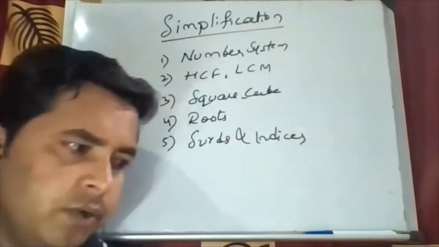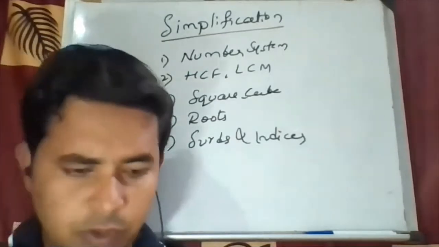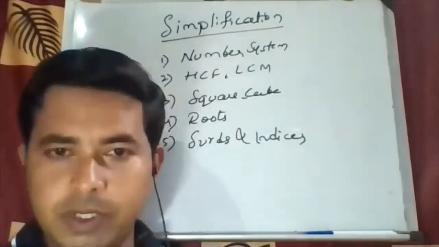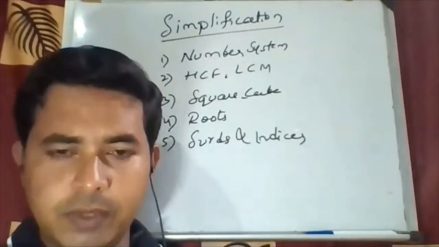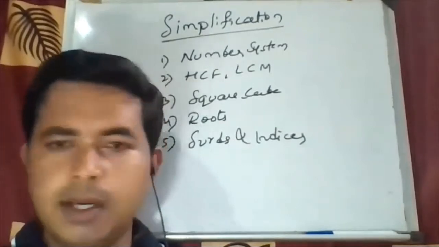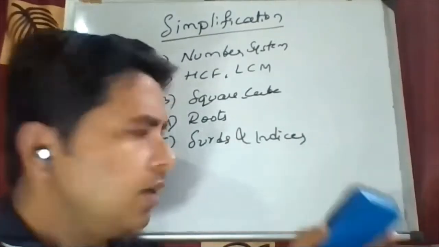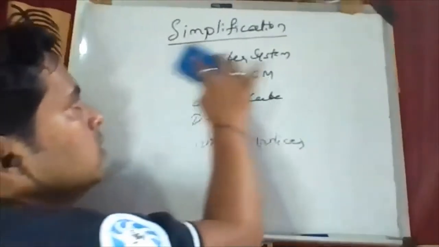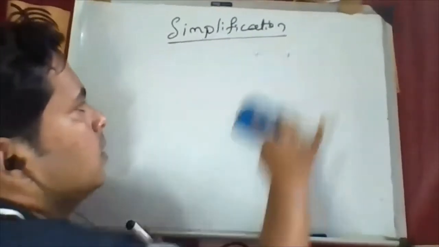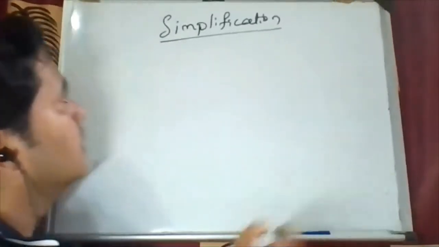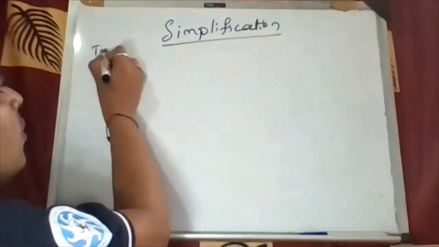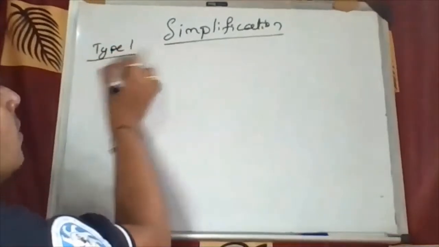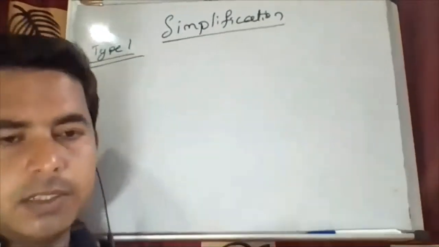So what I'll do is try to solve a few different types today, which are commonly asked under the simplification title. Okay, so in this I'll take one set of problems, a type 1 problem, which all comes under the simplification topic.